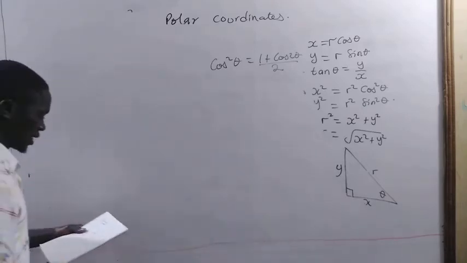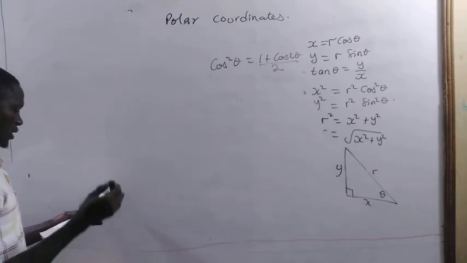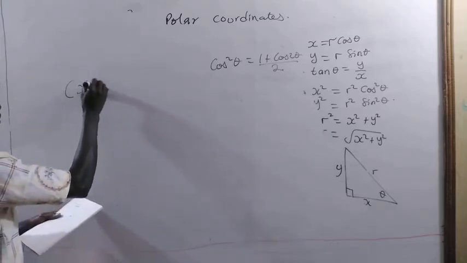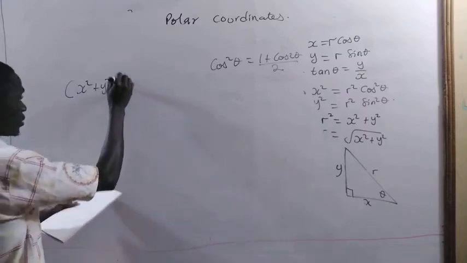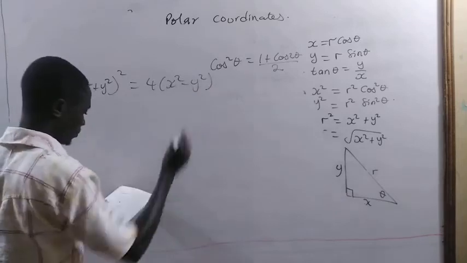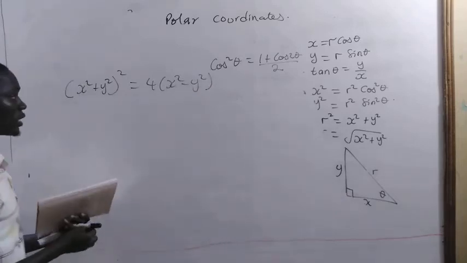Okay, so then let's look at this one. We have into bracket x squared plus y squared all squared equal to 4 into bracket x squared minus y squared. How do we do this one?